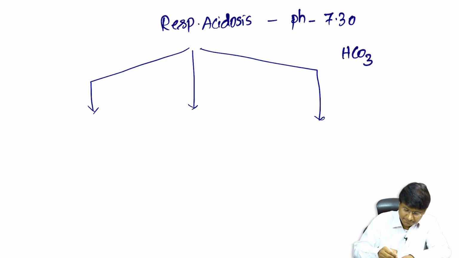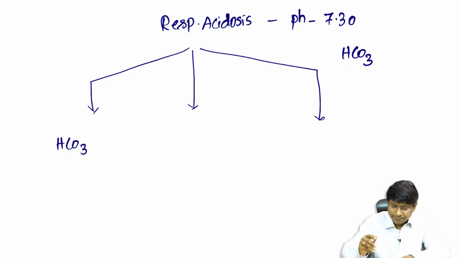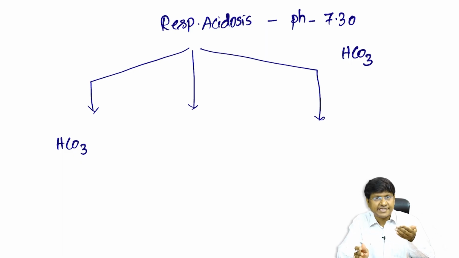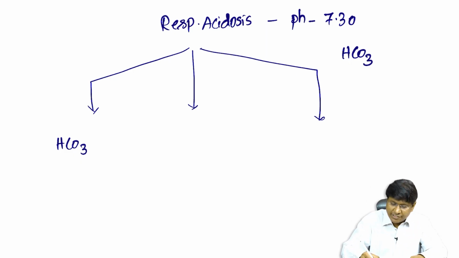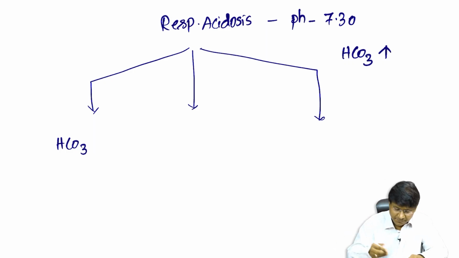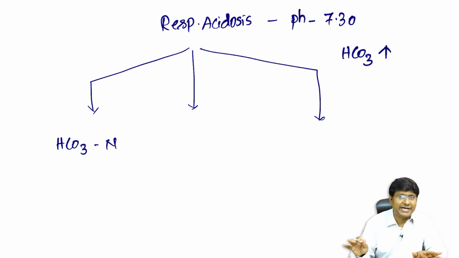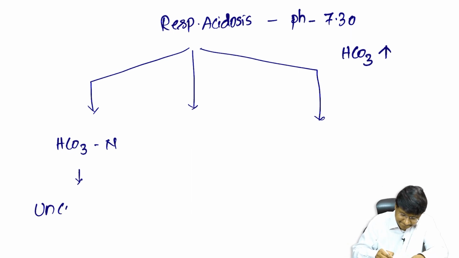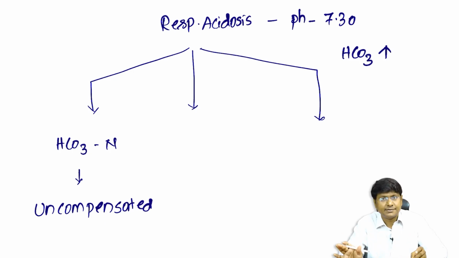In respiratory acidosis carbon dioxide increases, and what should happen to bicarbonate? Bicarbonate should also increase. If bicarbonate did not change at all, then we call it uncompensated.